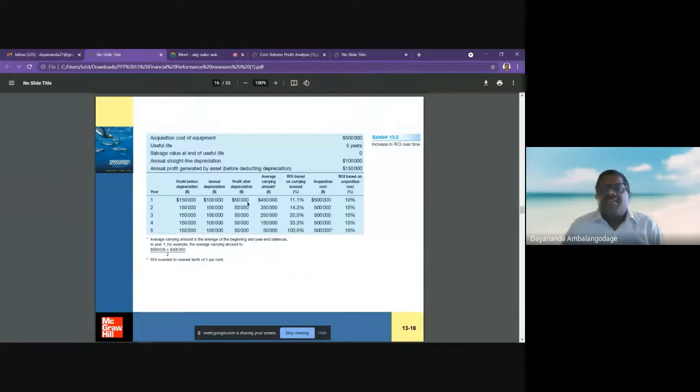Profit after depreciation, 50, because this minus this, you get 50. Average carrying amount is this much, and the profit is so much. Ratio, acquisition cost is so much, based on that is 10.